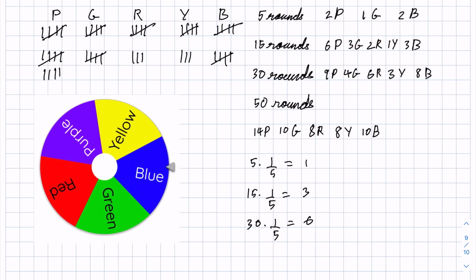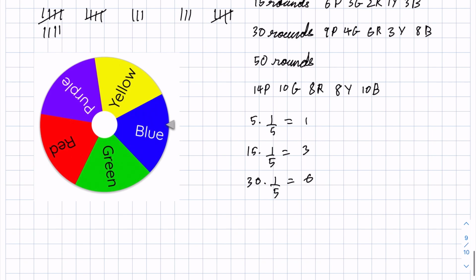But the more trials we do, the closer we get to the theoretical probability. So if I do a really high number, we should eventually get a clean slate where each of these is just 1/5 of the total trials. So for 50 rounds, I got 14, 10, 8, 8, and 10.